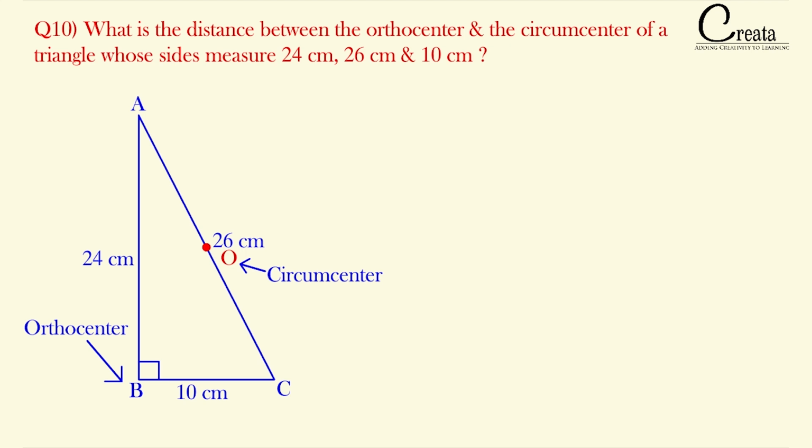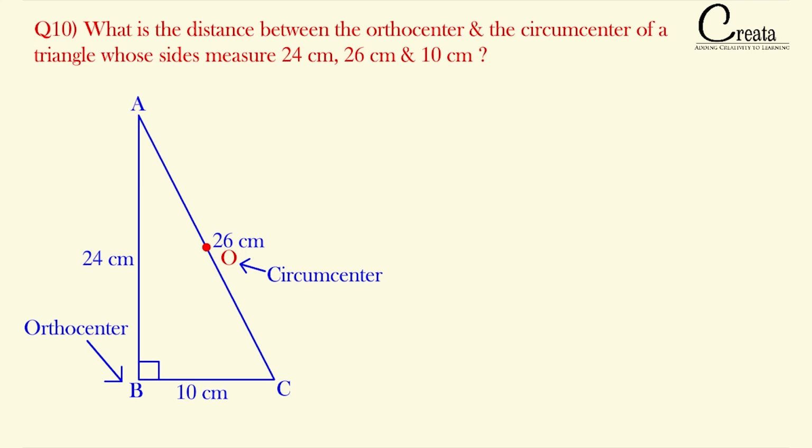If we forget that the orthocenter and the circumcenter lie at the vertex or the midpoint of the hypotenuse, then we will follow our simple fundamental. That is, we will locate the altitude for this triangle as well as we will locate the perpendicular bisectors. Then we can locate the orthocenter and the circumcenter. Let's also do the same so that any confusion can be removed.